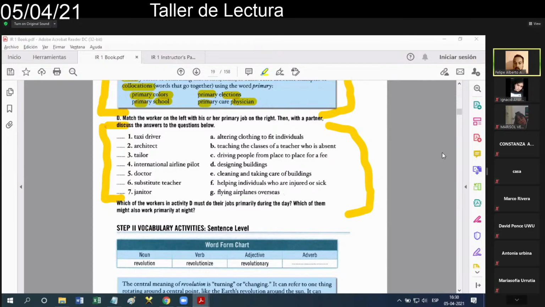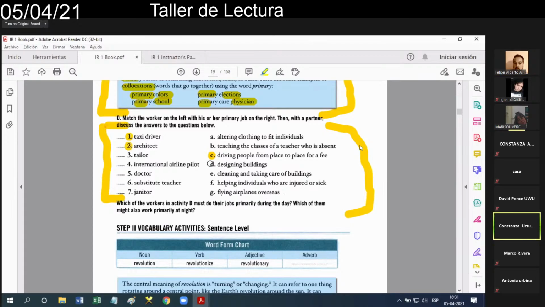Okay, great. For number 1, taxi driver, give me just the letter. Yeah, very good. Excellent. Letter C. Taxi driver. Driving people from place to place for a fee. Fee is like a payment. Very good. Number 2, architect.